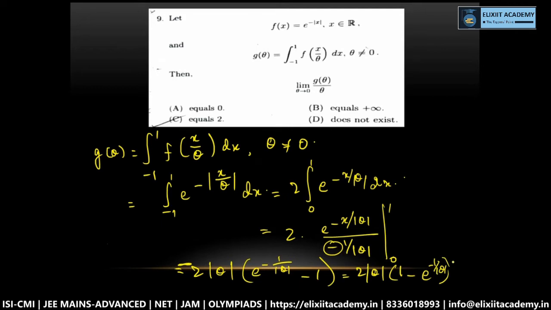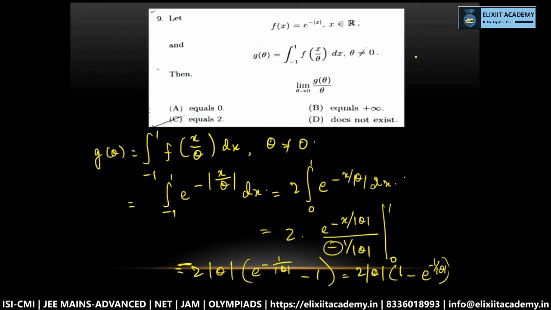Fine. And what else are we asked to find? We are asked to find the value of g(theta) by theta. So we have evaluated what is g(theta). Now find the limit as theta tends to 0 of g(theta) by theta. Simply divide this by theta and find the limit as theta tends to 0.